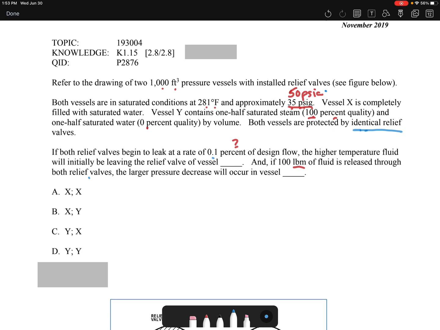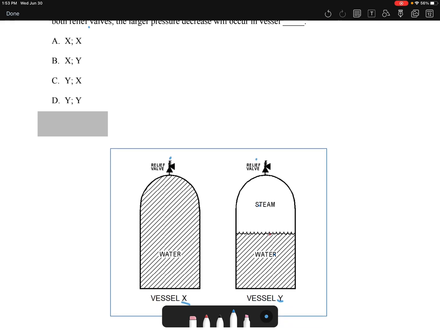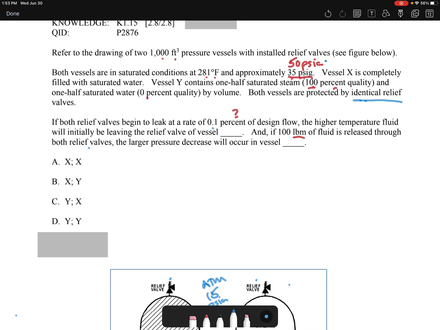So this is going to be a good exercise in using the steam tables. So first, I like to write down we're at 50 psia, and we're at 50 psia. We're going to call this atmosphere. That's going to be 15 psia. That's going to be true for both of them, since they're right next to each other.